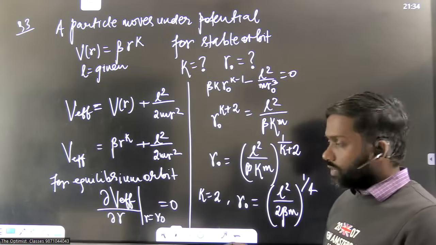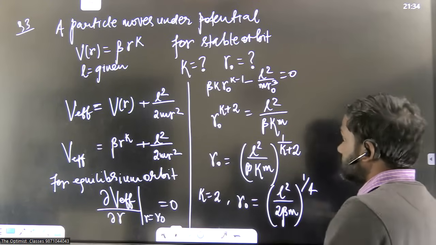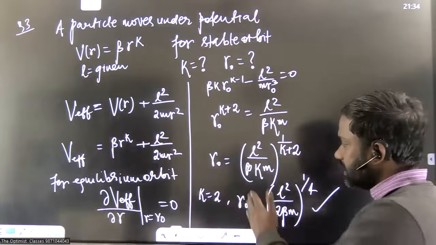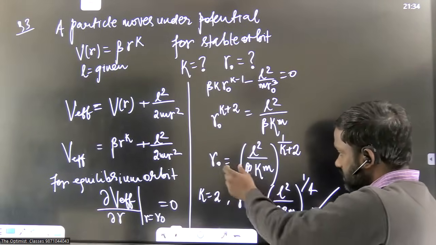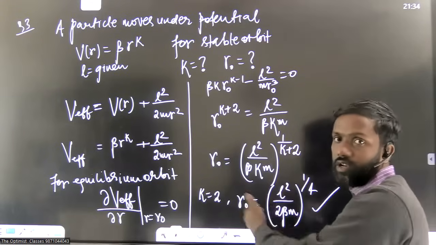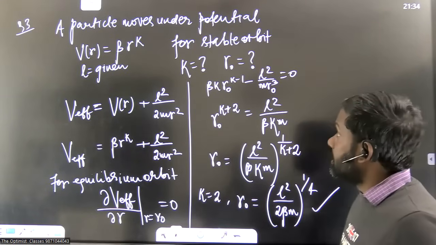So if you put k equal to 2, you are getting this option, and this option was given. So therefore this is the correct answer. Basically in other options, other values of k were given. So you put other values of k and see whether you are getting the value of r naught which is given in the option or not. That value of r naught we were not getting.